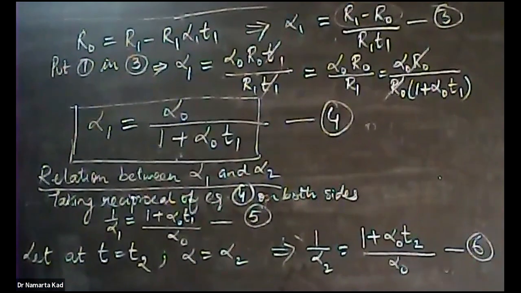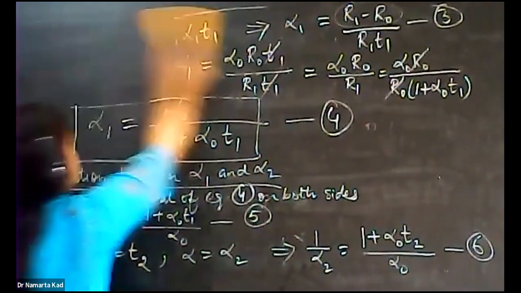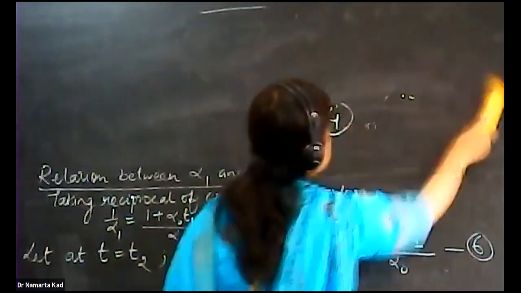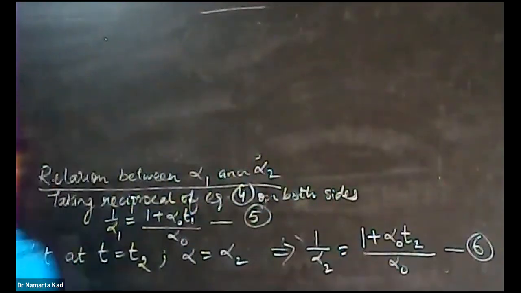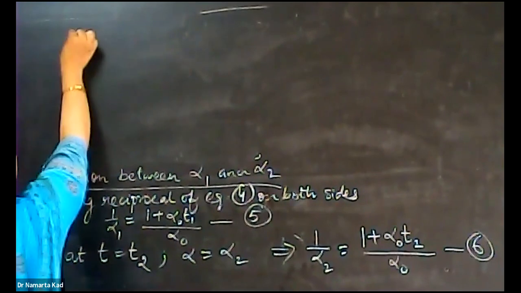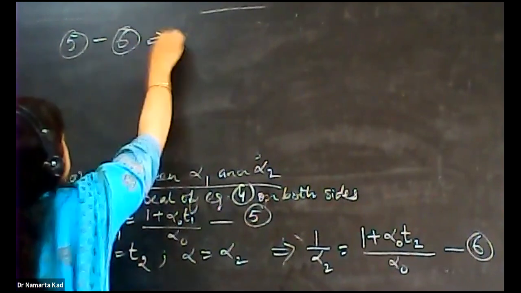Now subtract 6 from 5 in the next step. Subtract equation number 6 from equation number 5. That means you have to do 5 minus 6.